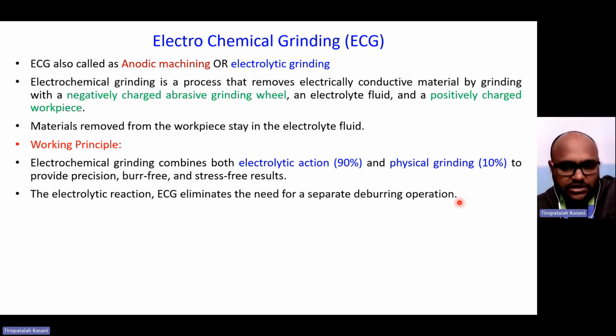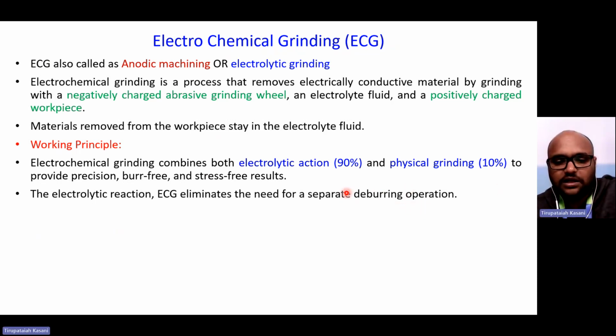The electrolytic reaction in ECG eliminates the need for a separate deburring operation. Deburring means removing the chips which are generated and which are having a slight contact with the machined surface, those small or tiny chips. For that purpose, the electrolytic reaction in ECG eliminates the need for this deburring action. Even though 10% physical grinding is present in ECG, there is no chance for the formation of burrs.